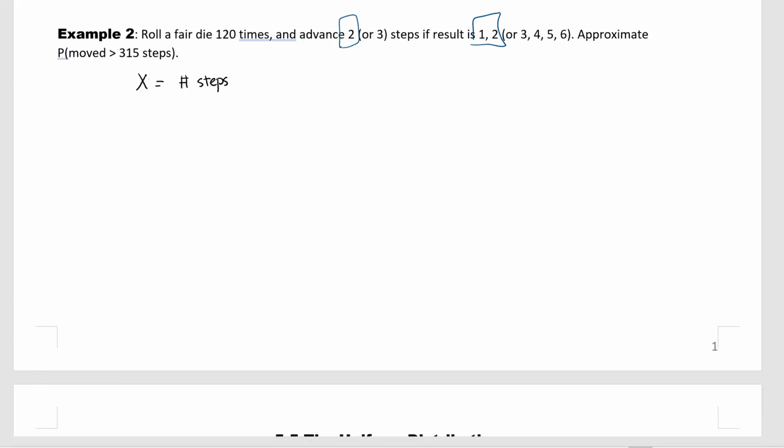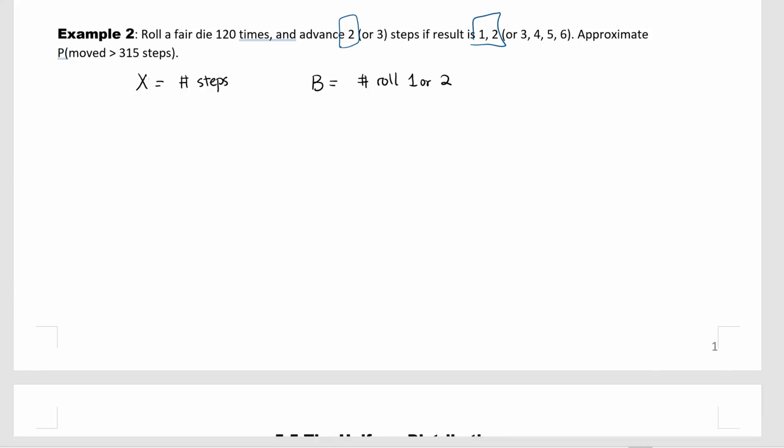So let B be the number of rolls that are 1 or 2. That's like the success. If we roll 1 or 2, we advance 2 steps. If we roll 3, 4, 5, 6, we advance 3 steps.